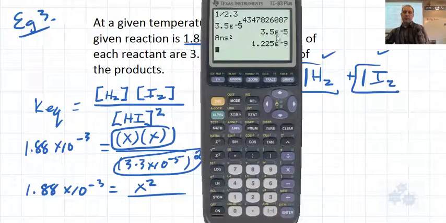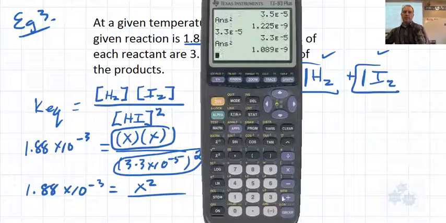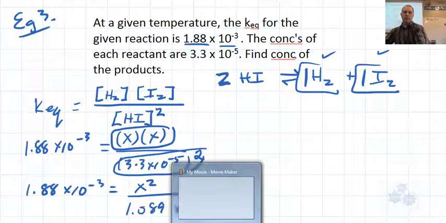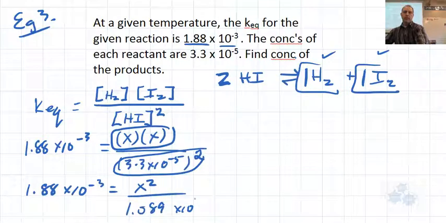Oh, I did 3.5 there. I just noticed. 3.3. That's all right. Exponent negative 5. And then we'll square that. Is that what you got? 1.089 times 10 to the negative 9.